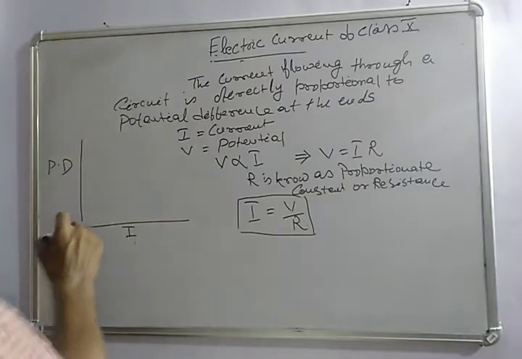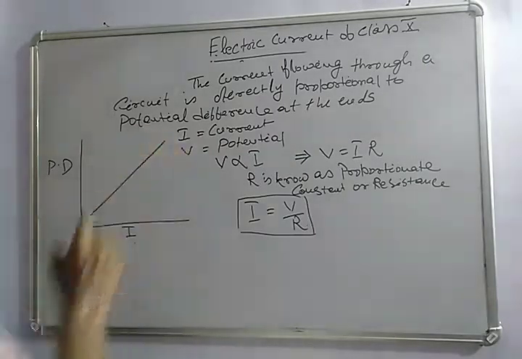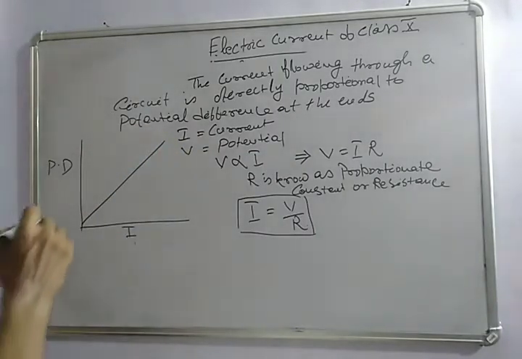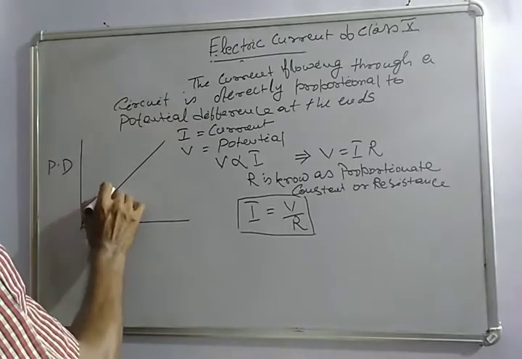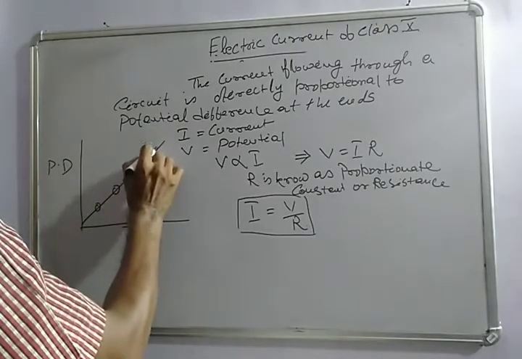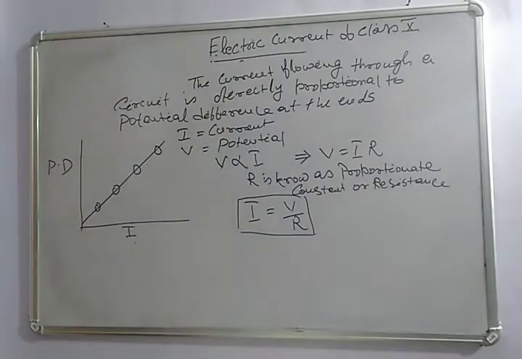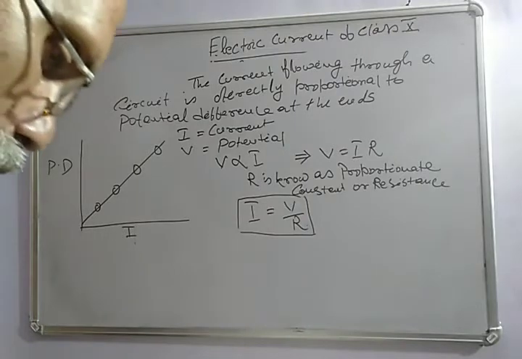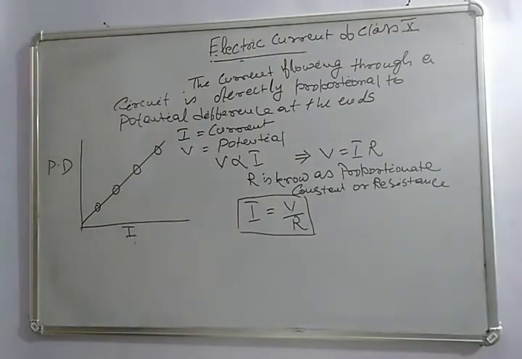We will get a straight line. When the potential difference increases, the flow of current also increases, or in the reverse way, if the current increases, potential difference also increases, provided the resistance in the circuit remains constant.